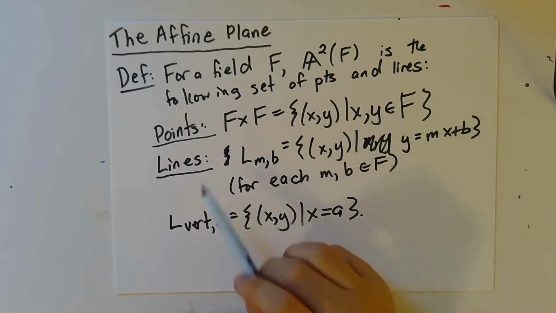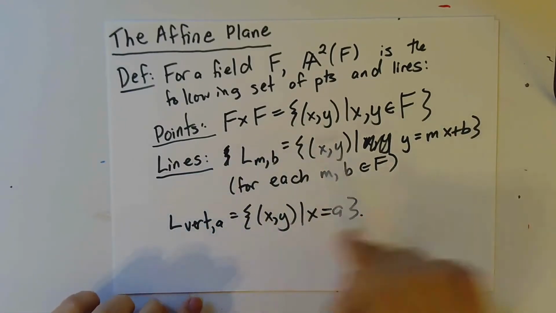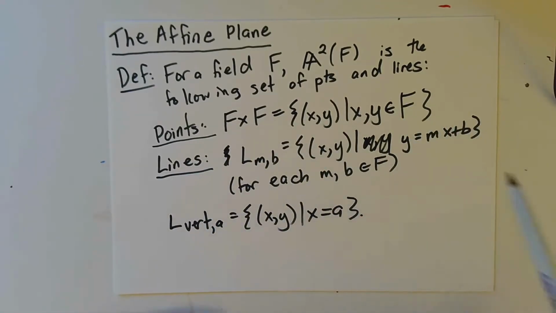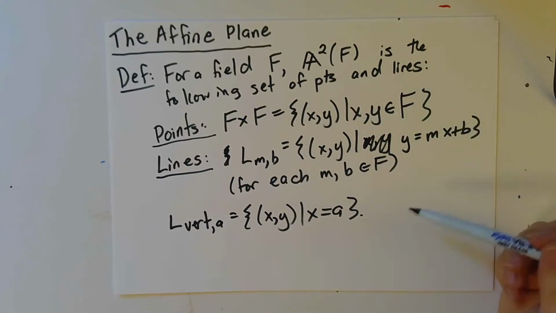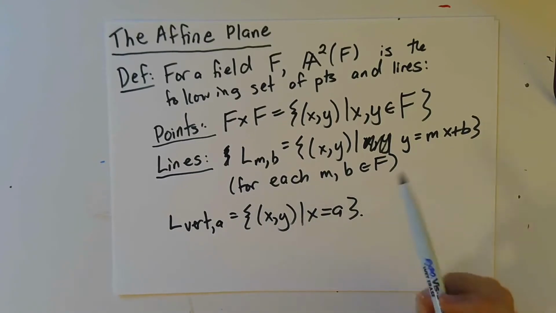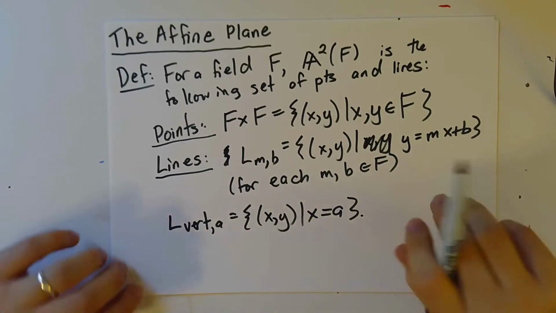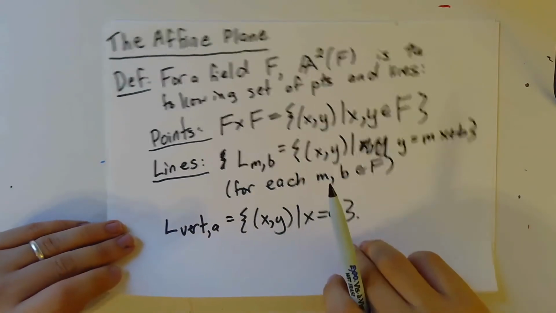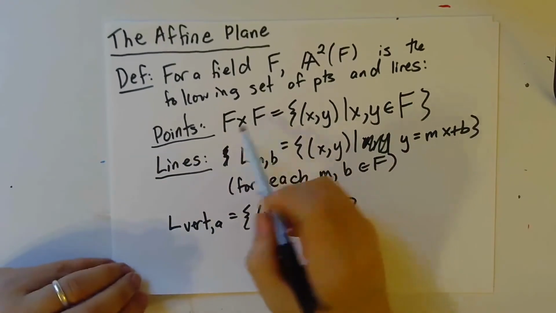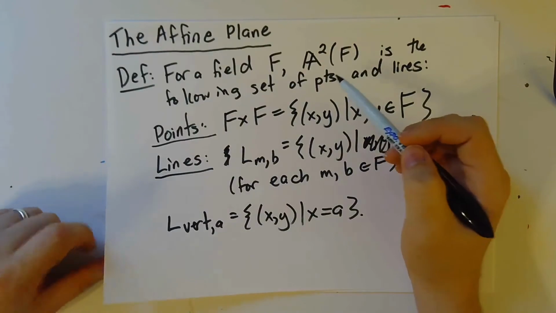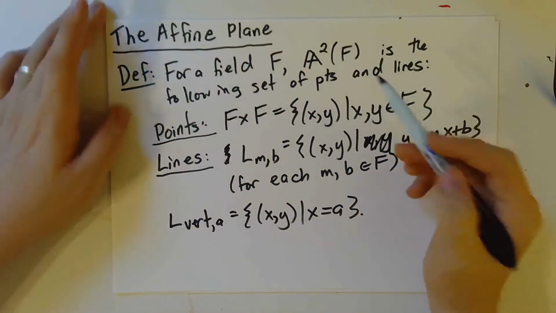Notably, if F is R, then we get exactly the plane we're used to, with our usual y equals mx plus b lines and our vertical lines. But I'm not interested in letting F be the real numbers. I'm interested in what happens if F is, say, the field F7.